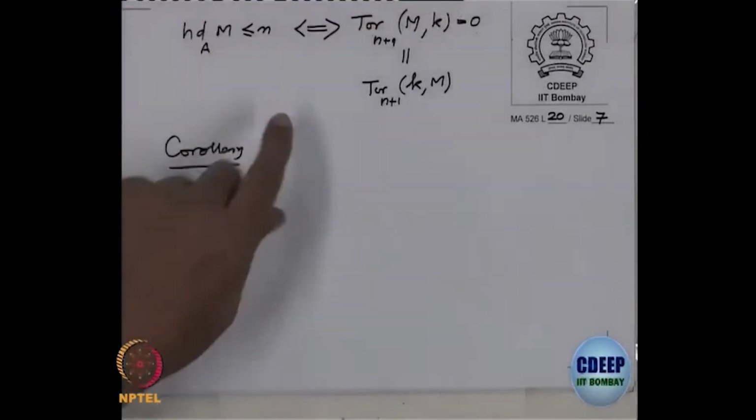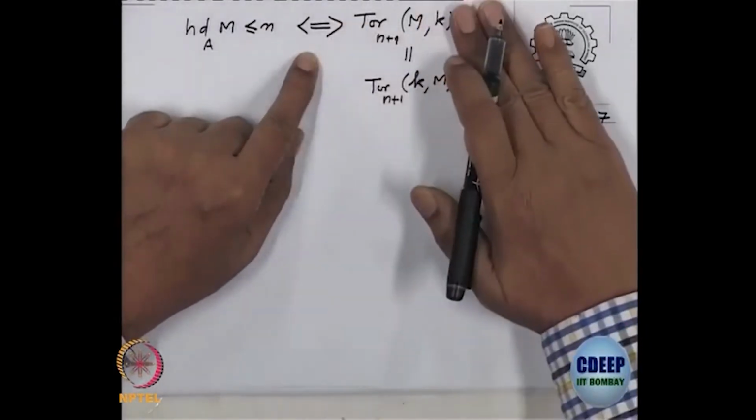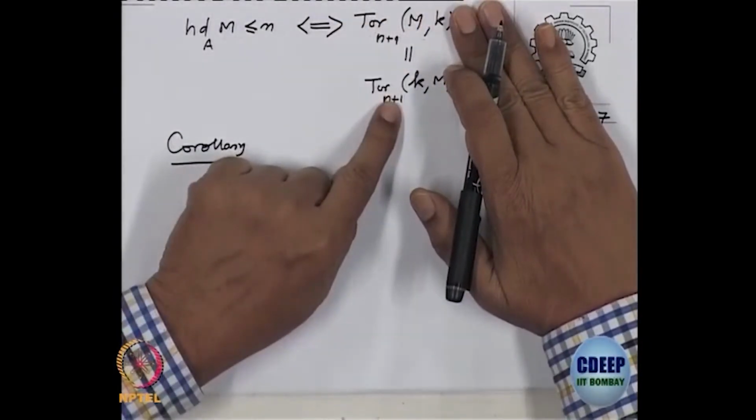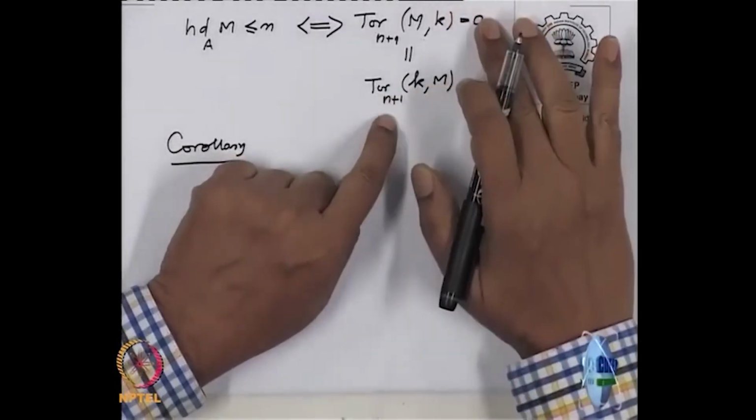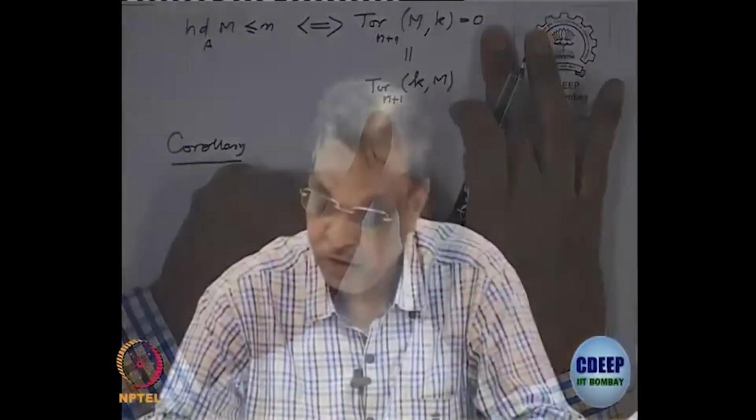This we have proved in the earlier proposition, and this one is isomorphic to this. So, therefore Tor_{n+1}(k, M) is 0. Now, we are proving what? We are proving 3 implies 1, right?